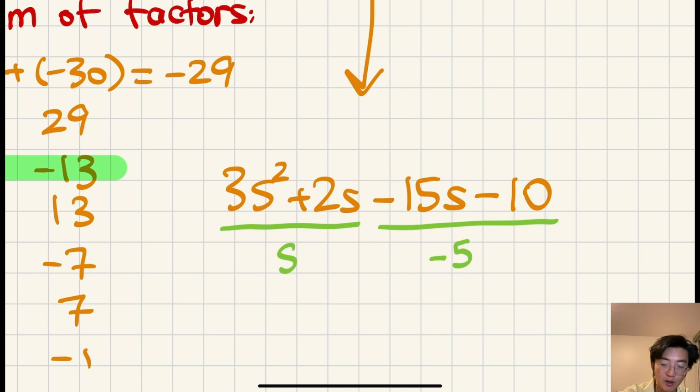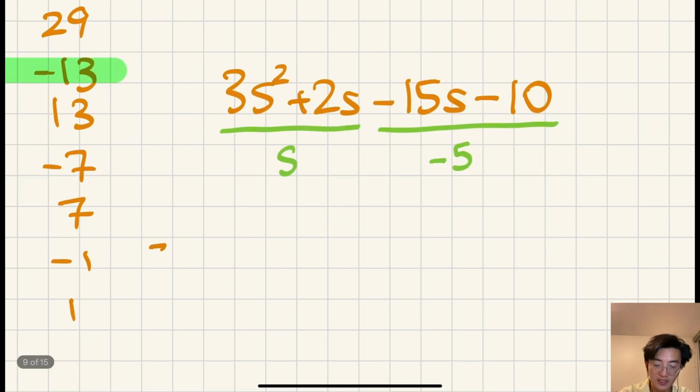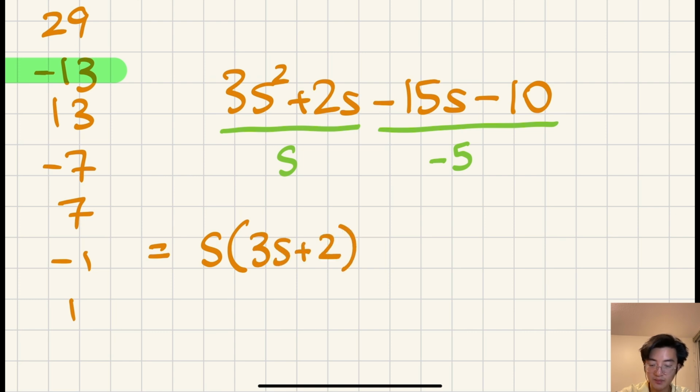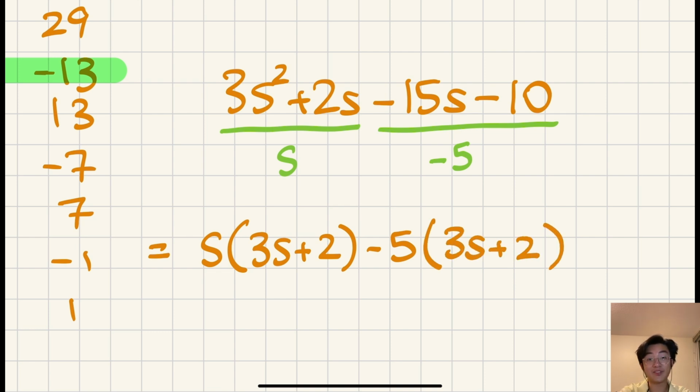So when we take all of them out, we can take out the s from the first two terms, we get 3s plus 2 left over. And then we take out a negative 5, we get a positive 3s plus 2, because negative 15s divided by negative 5 is 3s, and then negative 10 divided by negative 5 is 2.